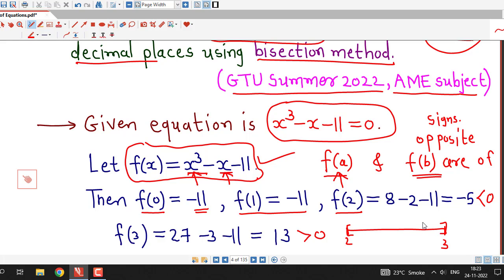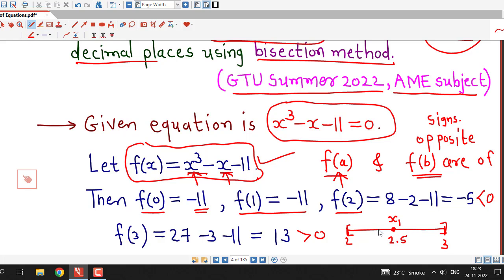Now the bisection method says that you have to consider midpoint of this interval as the first approximation. So that is 2 plus 3 divided by 2, which is 5 by 2, that is 2.5. So this is the first approximation.